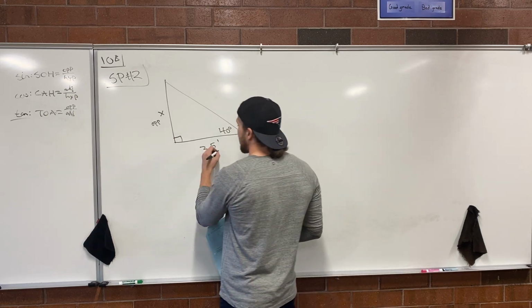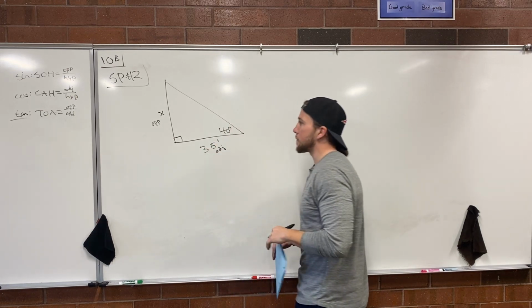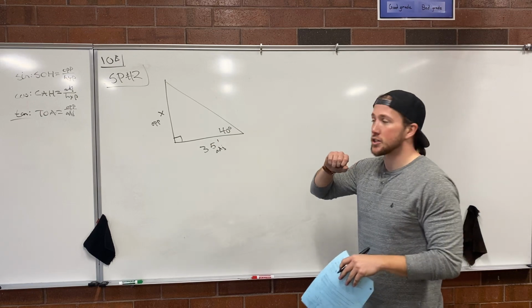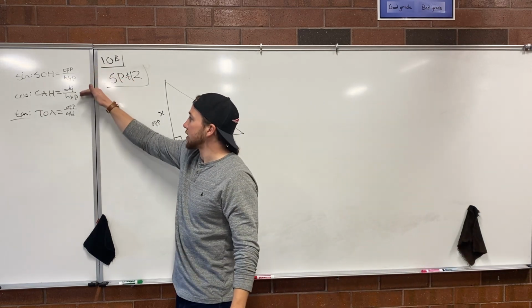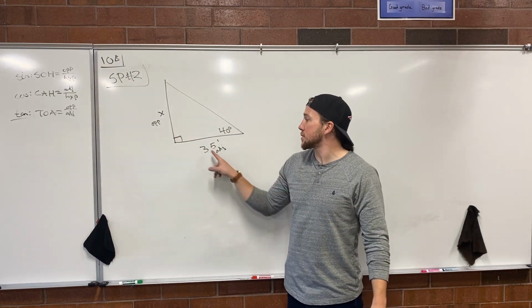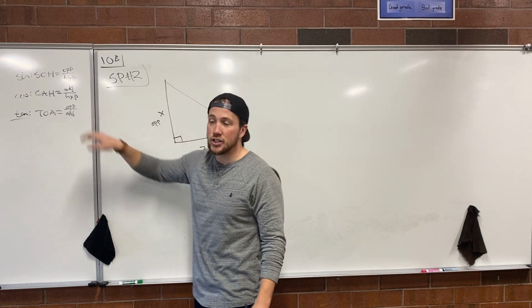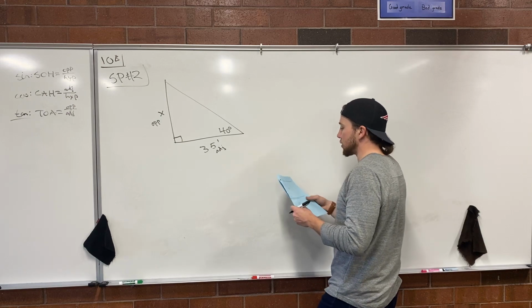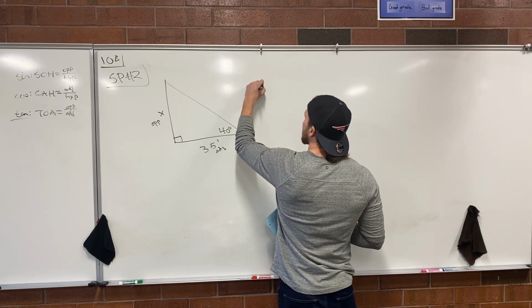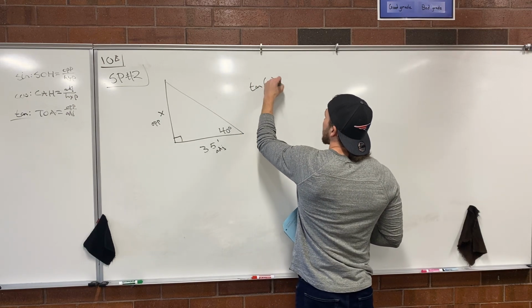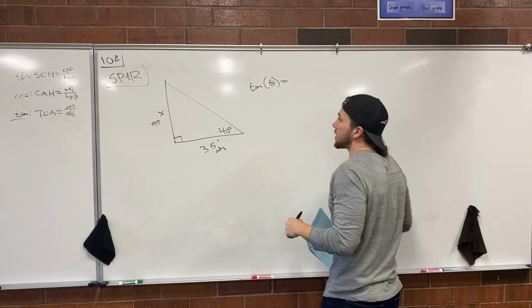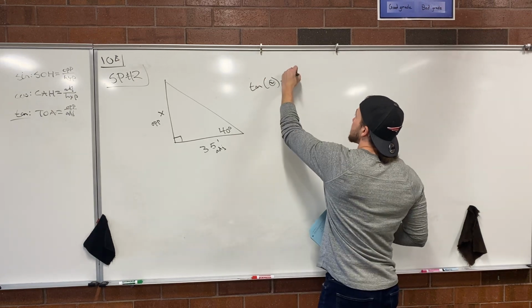So adjacent is 35 feet. Now I'm going to look at my trig functions, sine, cosine, and tangent, and decide which one includes opposite and adjacent. It's tangent. So I'm going to write tangent of the angle theta equals opposite over adjacent.